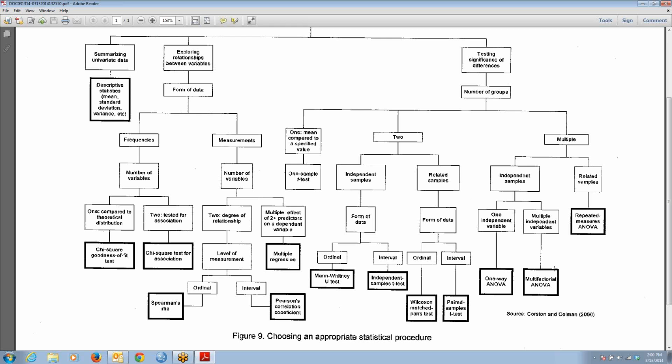And that will then lead us to be able to further understand, for example, do we have a situation where gender makes a significant difference in income, or race makes a significant difference in income, or do they both make a significant difference in income?